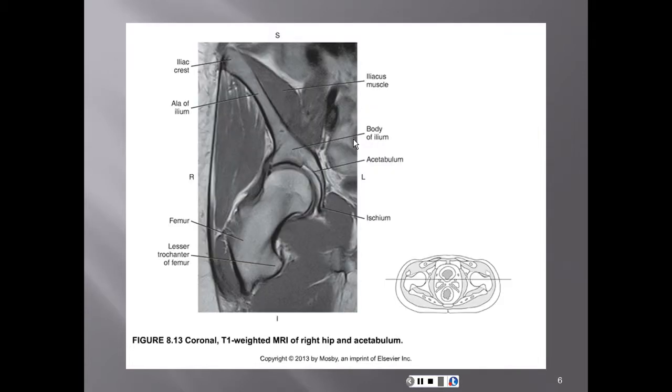So this image can be found on page 501. It's a T1 weighted coronal image of the right hip, and that's an acetabulum. So we would call this region the hip. And here's the acetabulum.